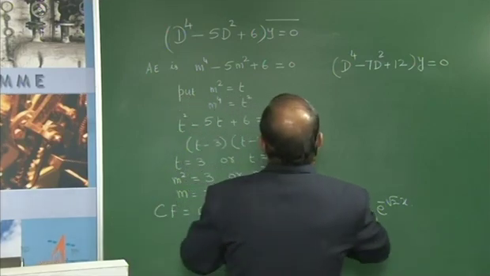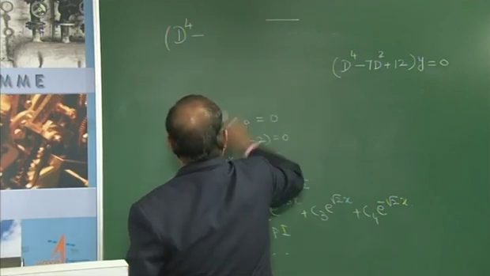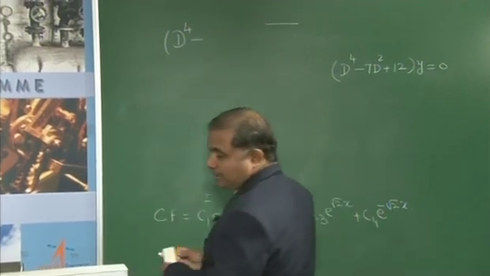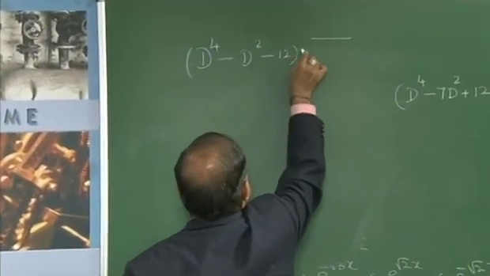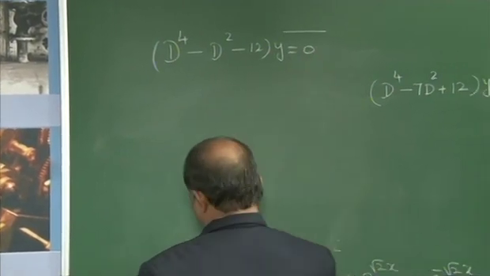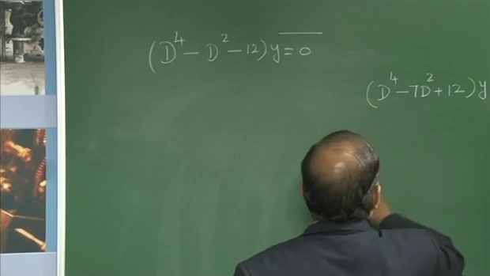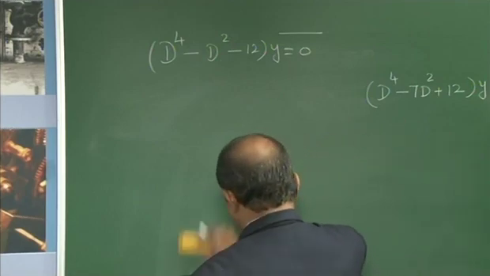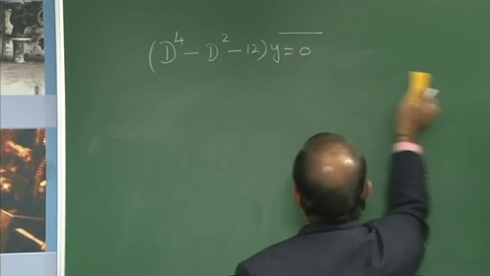One more example of this type: d power 4 minus d square minus 12 into y equal to 0. You make a note of this problem. D power 4 minus 7d square plus 12, you can solve as you have solved in the previous one.